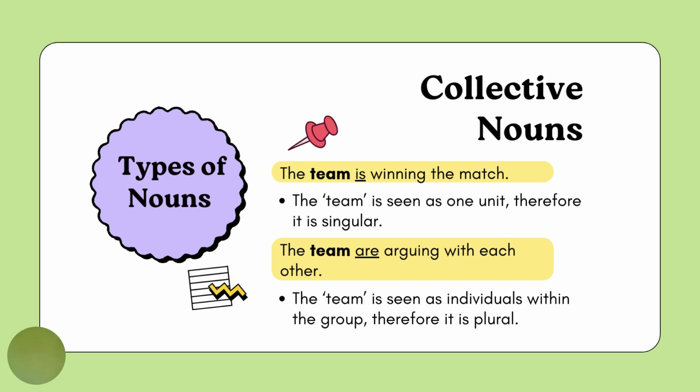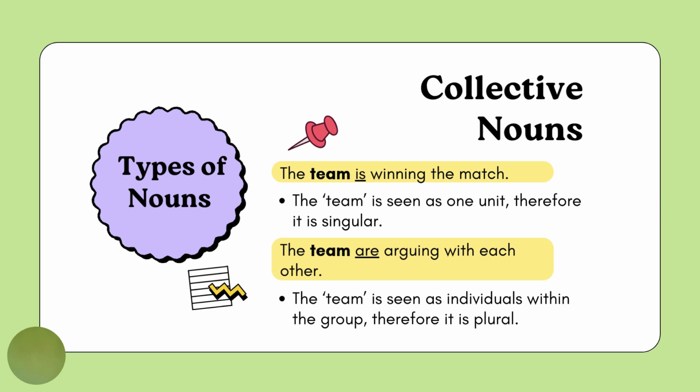However, when it says the team are arguing with each other, it is considered plural because the members in that team act differently, and in the end they are arguing. So the team here is not about the team as a whole, but about the members in that team.